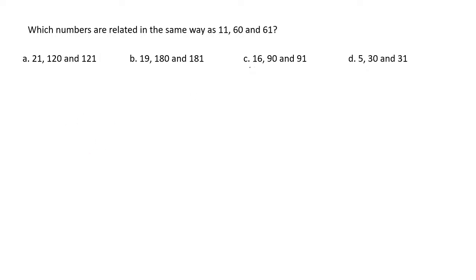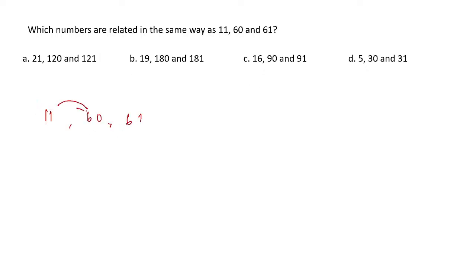It's pretty simple. Even if you don't know what's the ideology behind it, we have four options. So definitely the answer is going to be one of these four options. So it's easy for us to find it.